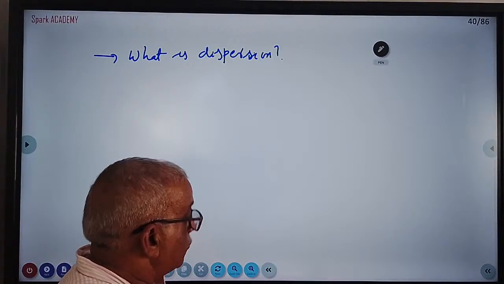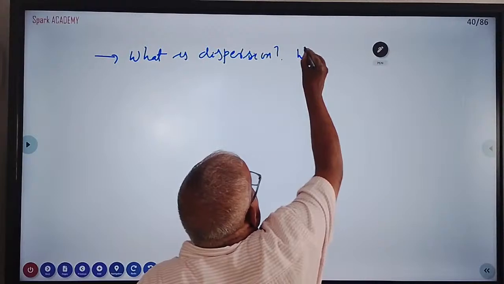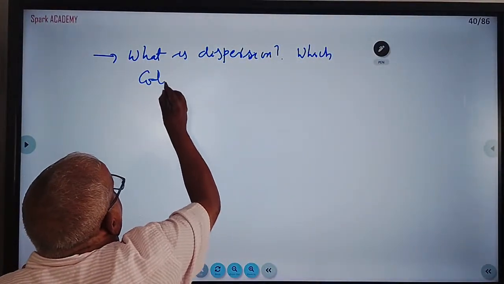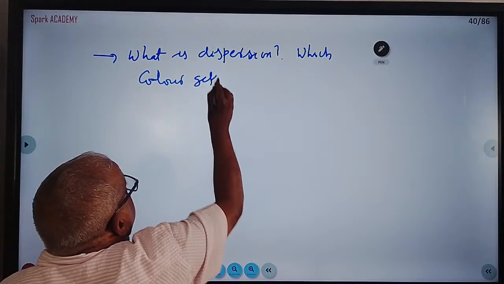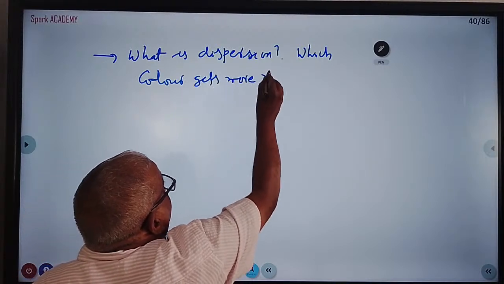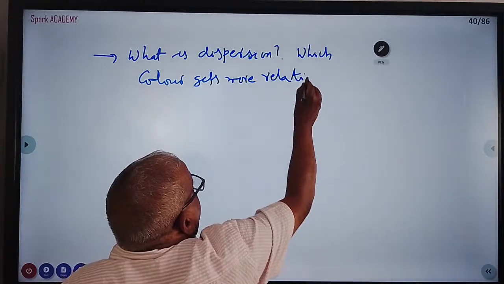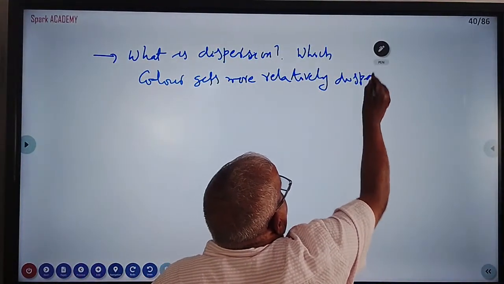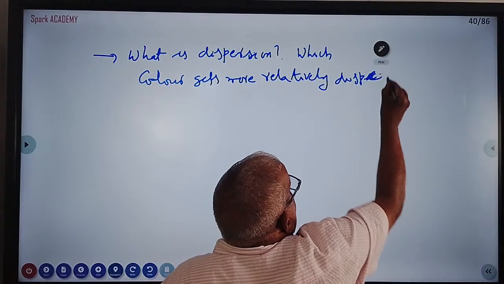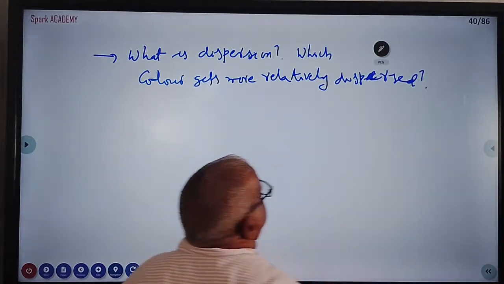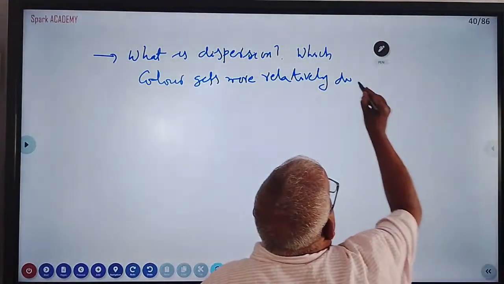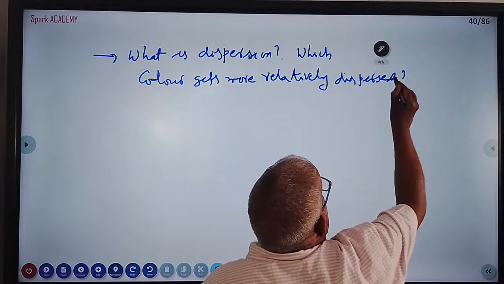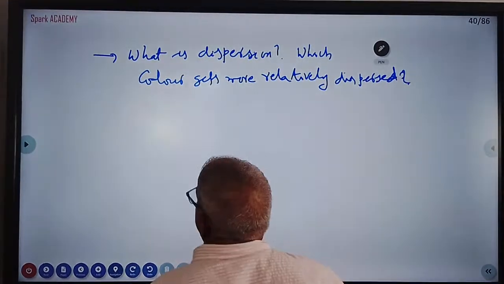Which color gets relatively more dispersed?